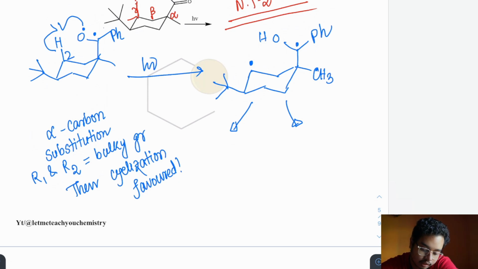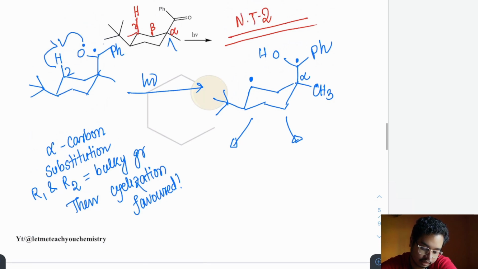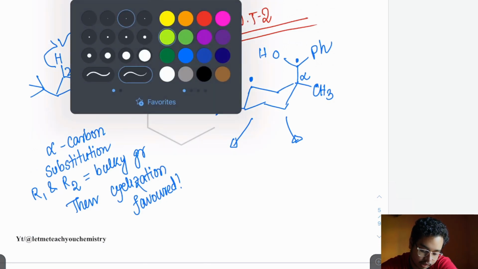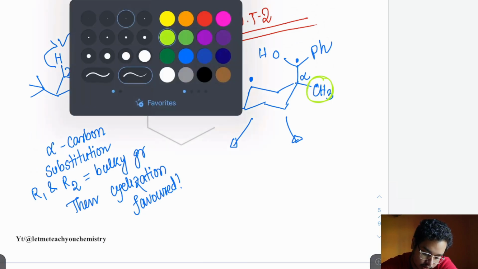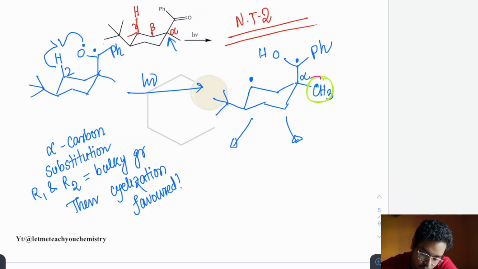So here for this particular one, this will be the alpha carbon that is relevant here. Now this particular alpha carbon has one methyl group. I think this is not a prominent color. So one is a methyl group and one is also a carbon bond. So that means we can say that these two groups are bulky in nature. So that means cyclization is favored.